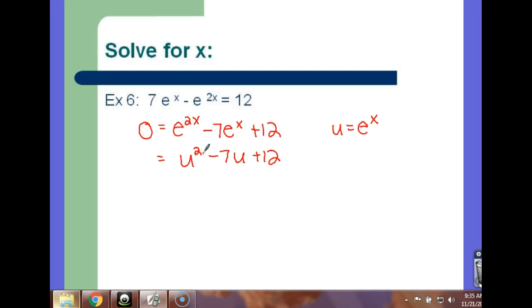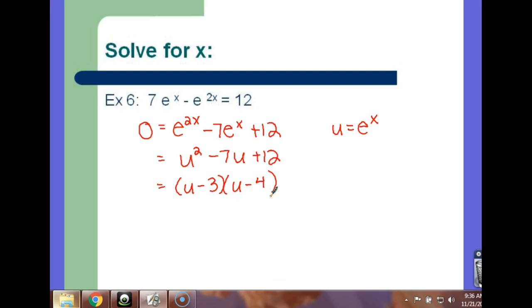So it's kind of like e to the x to a power of 2. So now you have u squared minus 7u plus 12. Are there factors of 12 that have a difference of 7? Yes. u minus 3, u minus 4.